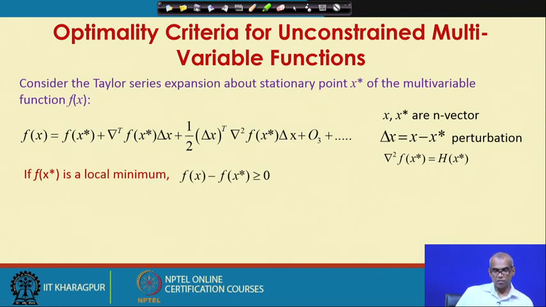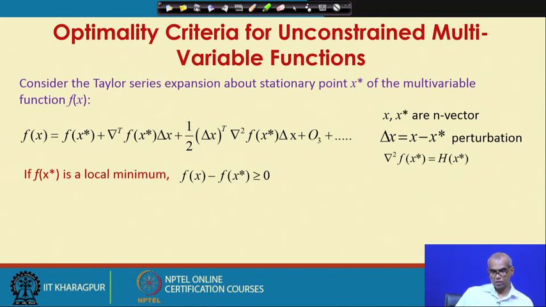So, if f(x*) is the local minimum, then f(x) minus f(x*) is greater or equal to 0, because f(x*) will have the minimum value. So, f(x) minus f(x*) will be greater or equal to 0.